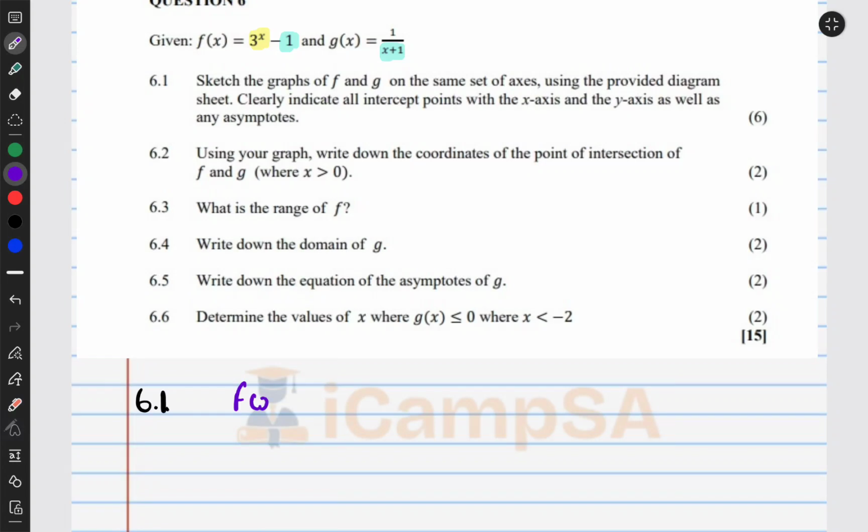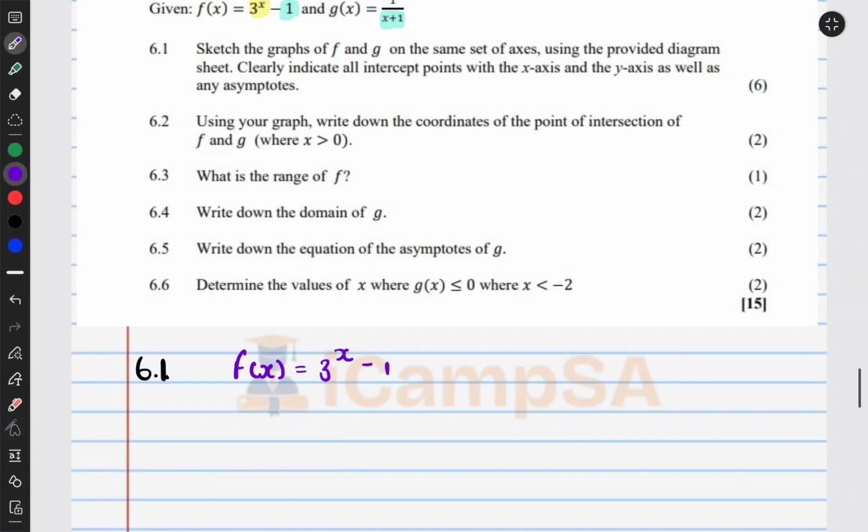So f at x is equal to 3 to the power of x minus 1. For that function, y is equal to -1 will be our horizontal asymptote. It's an exponential function, so we only have a horizontal asymptote.